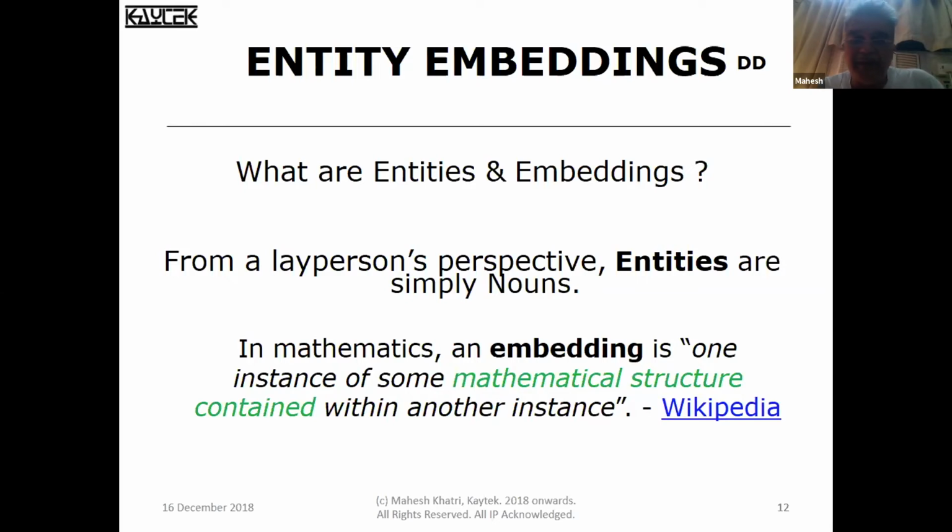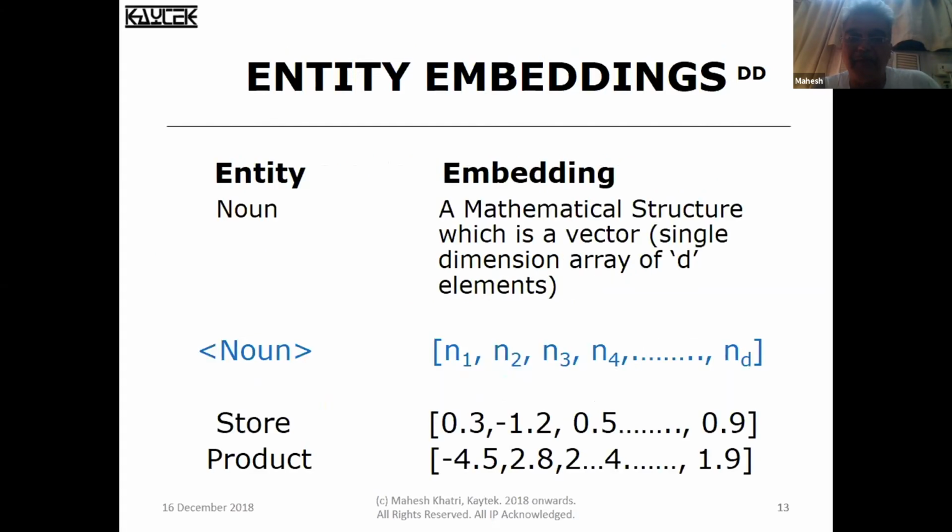In mathematics, embedding is a containment of a mathematical structure within another instance. Let's say I have a noun, which is my entity, and I have a mathematical structure, which is a single dimension array of, let's say, d elements.